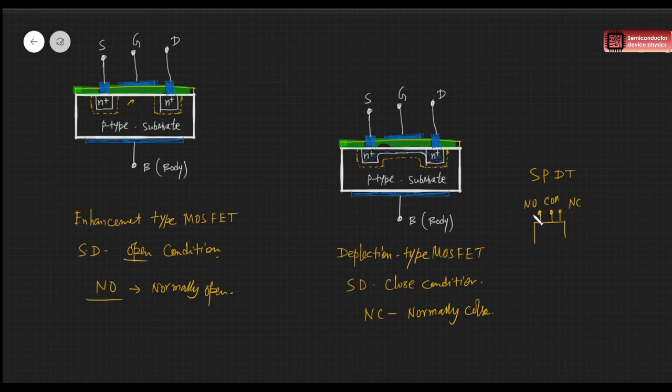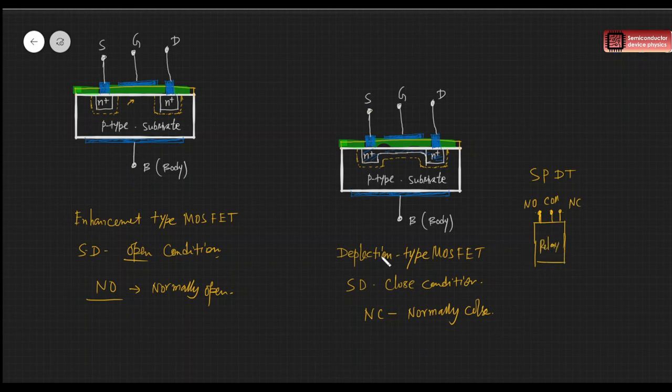One terminal is normally open. If you use this terminal when the relay is not triggered, between common and NO the resistance is very high. They are not connected. But common and NC will be connected. And if you energize the relay, the connection becomes opposite, right?